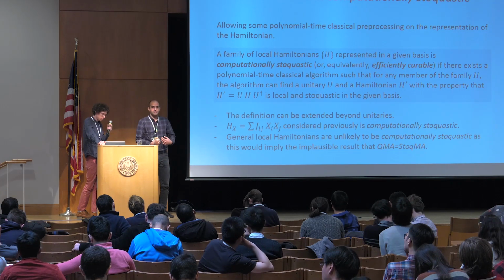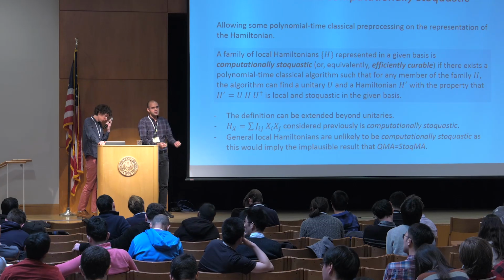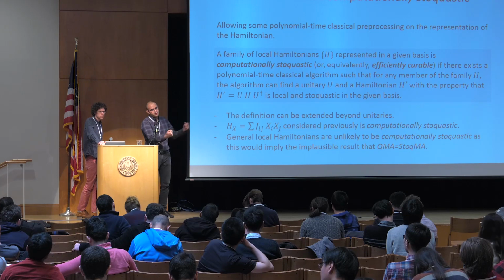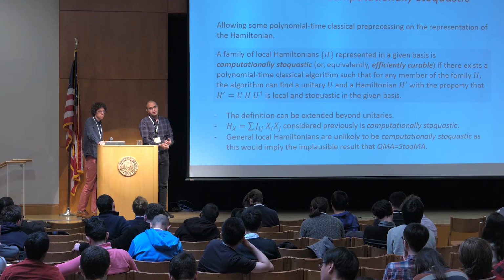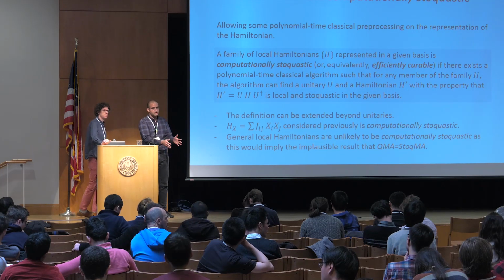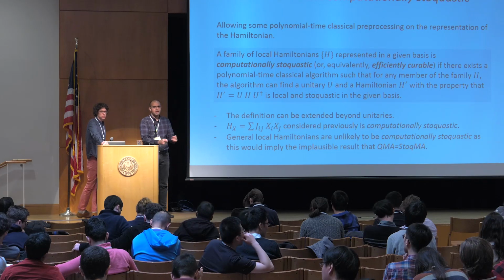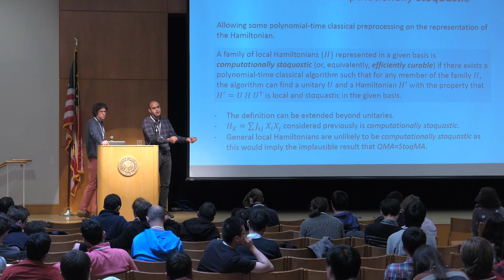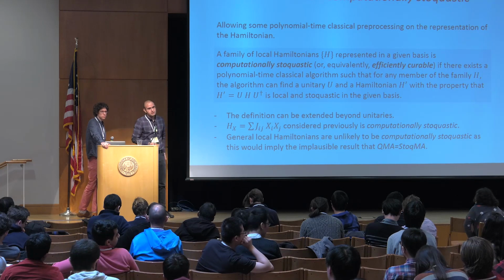So it might be that for those families it becomes easy, but then the question is does there exist some other family of Hamiltonians for which the problem is hard or not? And I think it should be like that. For any restriction on the family of unitaries, for example, if you say it's constant depth, then my conjecture is that one can construct a family of Hamiltonians with this property that it's NP hard to decide.